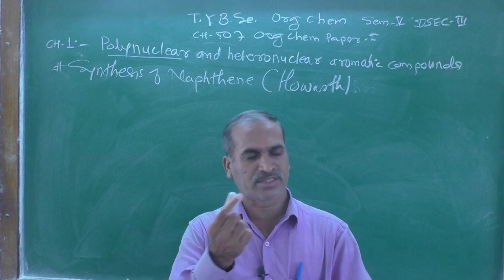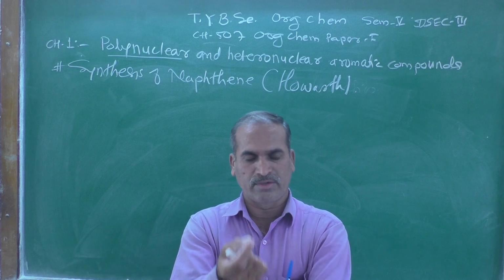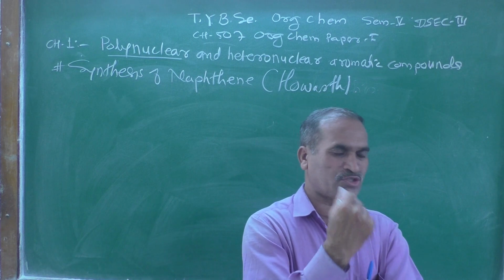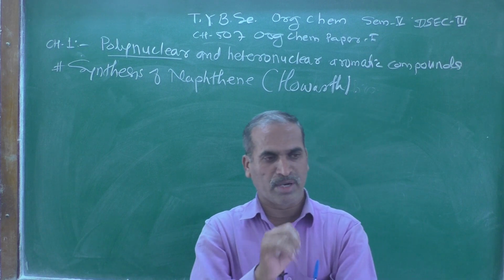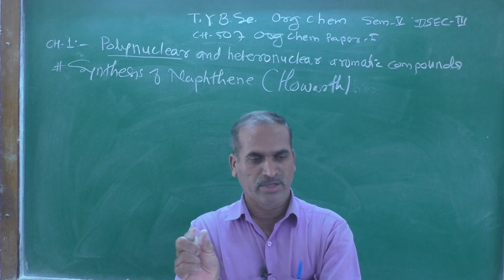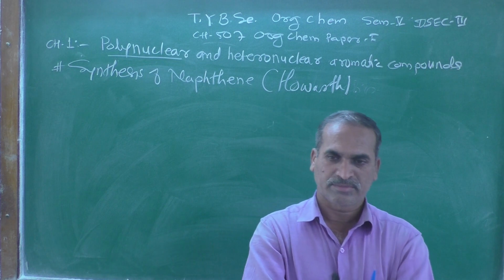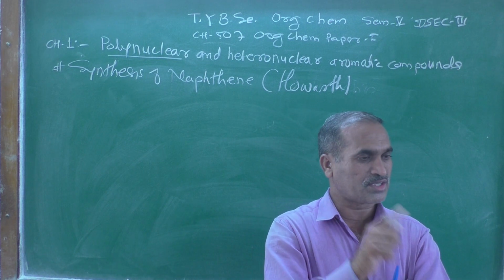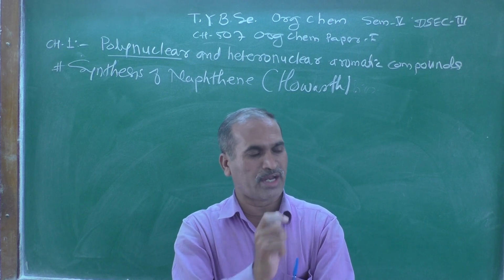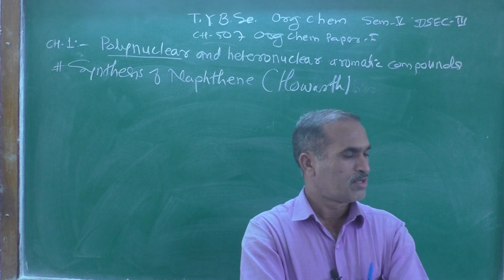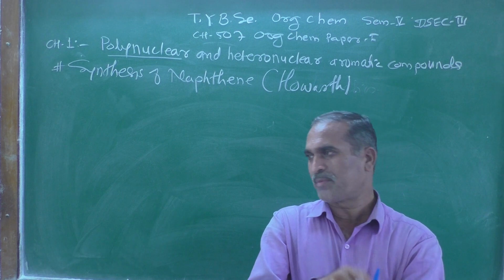Haworth is the first scientist who discovered the method of synthesis of naphthalene. He took the starting materials, one of them is benzene, another one is succinic anhydride, and this reaction is carried out under Friedel-Crafts conditions.